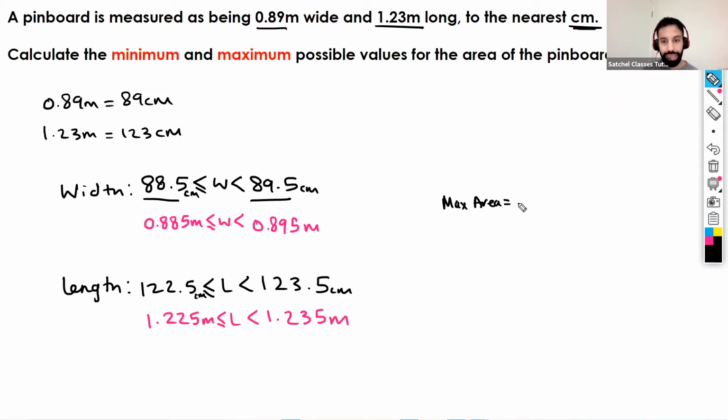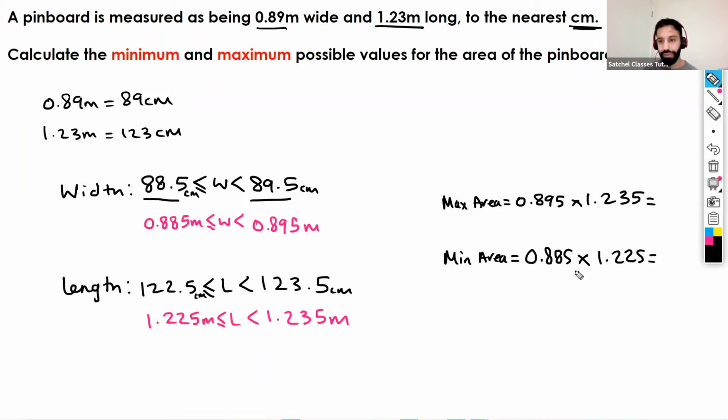So what we would get is 0.895 times 1.235. And the minimum area would be the lowest possible width multiplied by the lowest possible length. So that's going to be 0.885 times 1.225.